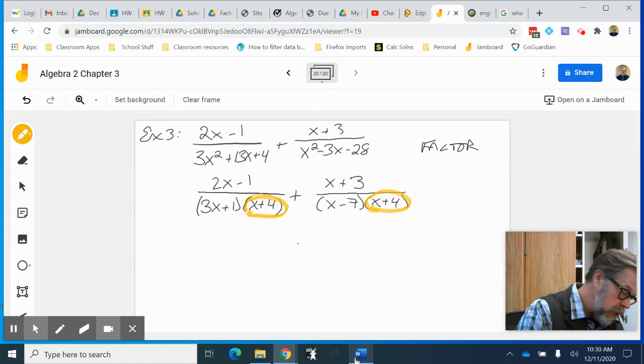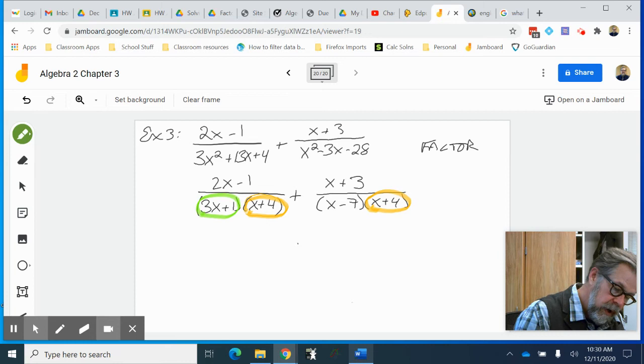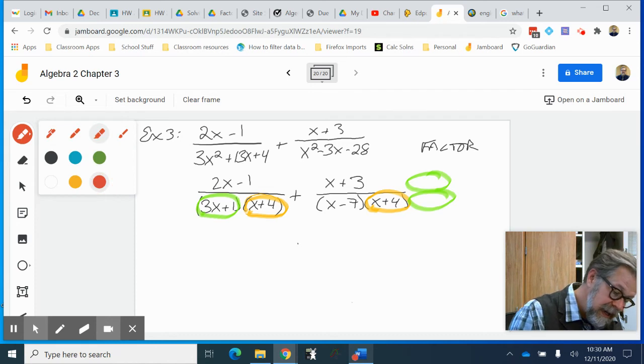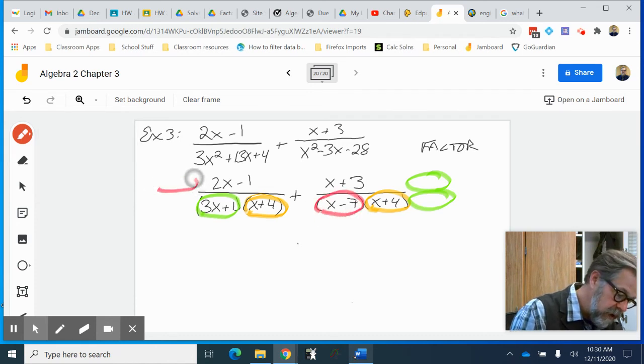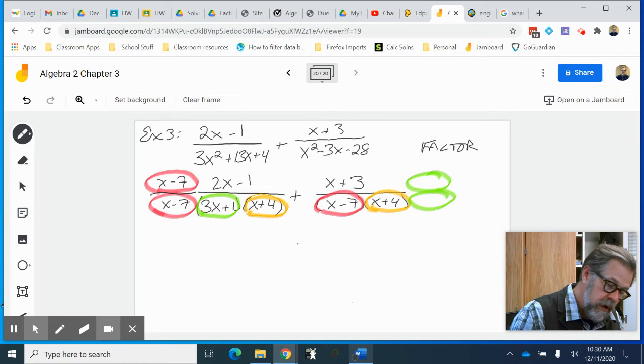So what do I need? Well, I need a 3x plus 1 in this expression, and I need an x minus 7 in this expression. So I am going to multiply this side by x minus 7 over x minus 7, and I'm going to multiply this side by 3x plus 1 over 3x plus 1.